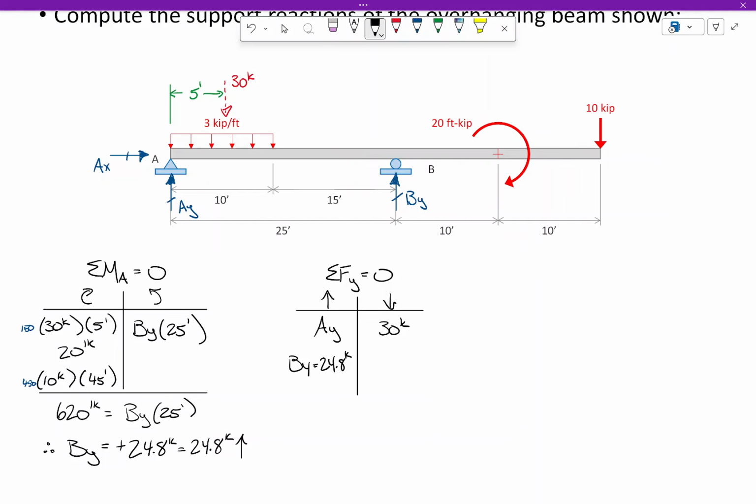Again, I'm not saying that AX doesn't matter, and I'm not saying this doesn't matter. I'm saying this is what we're doing. That's not a force in the y direction, so we just don't consider it, okay? We do consider the 10 kips.